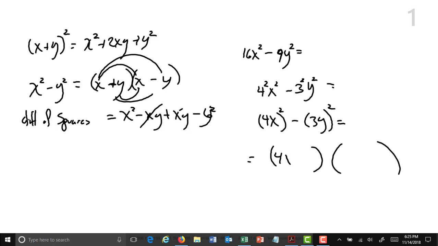So you can write it like this right off the bat. A 4x here and a 4x here, because this is the only way you're going to get 2 copies back of 4x. And with a minus, you have to have a plus and a minus, right? And so, what's left? Well, a 3y here and a 3y here, because 2 copies of 3y. Are we worried about a middle term? We're not, because what happens with the difference of squares is they'll subtract out.